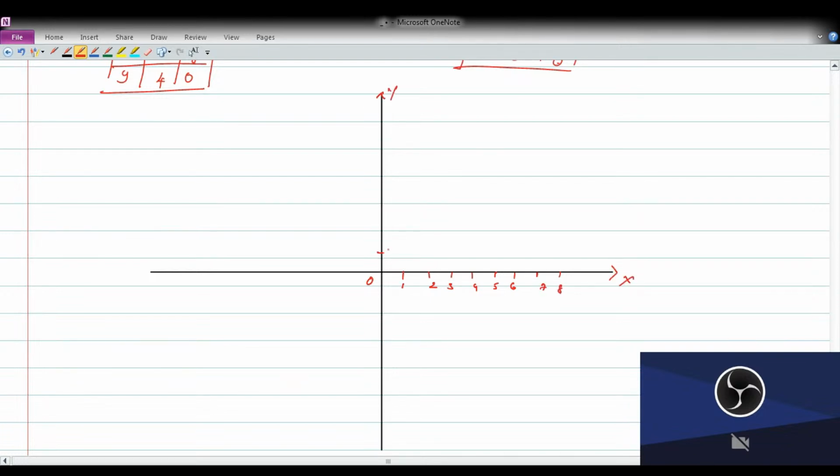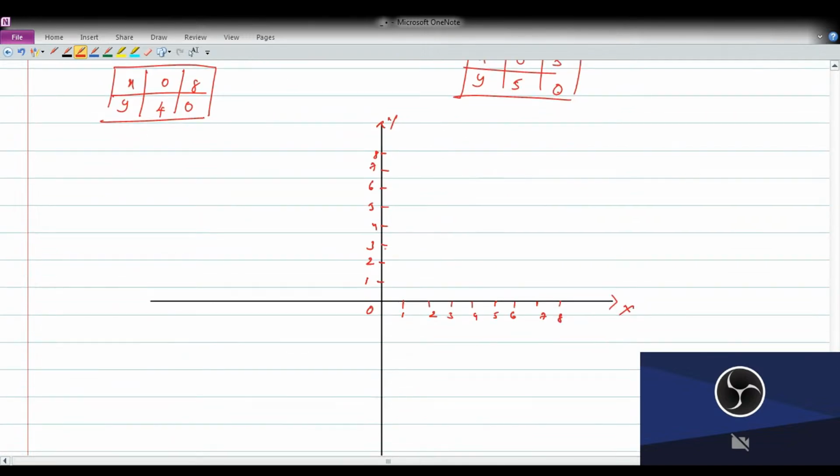Similarly 1, 2, 3, 4, 5, 6, 7, 8 on the y-axis. So now let us mark the points. First one 0, 4: when x is 0, y is 4. This is the point. Another one is 8, 0. So join these two with a straight line.